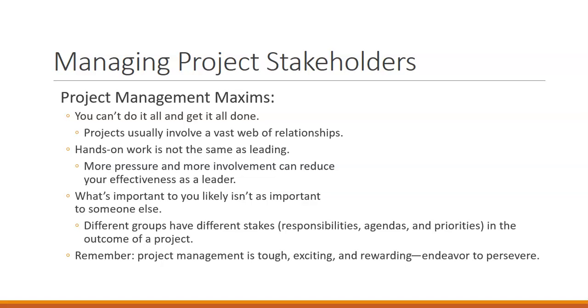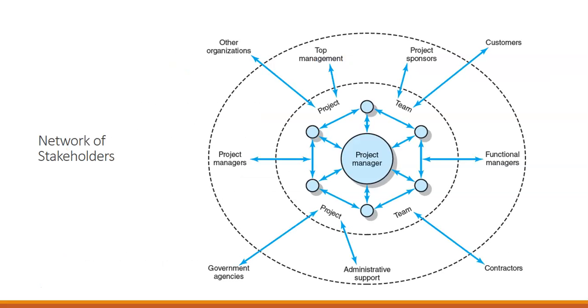Different groups of stakeholders have different stakes in the outcome of the project. Some are financial, some are time, some are cost, some are client. So project management is the ability to facilitate both the project logistics, but the people necessary and the relationship building as part of this project.